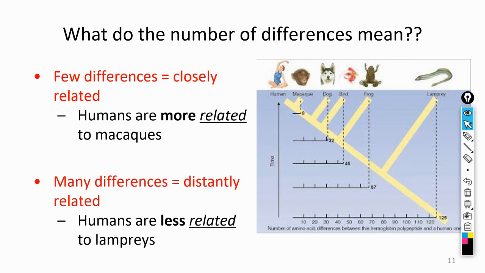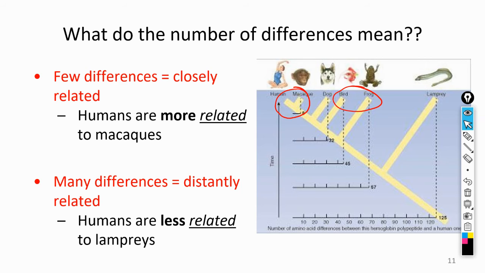So if you look at this, I'm going to show you a few of these diagrams known as cladograms or phylogenetic trees. If we look, these two individuals right here are more closely related than a human and a dog, per se. Or if we look at the bird and the frog, because they're close on this diagram, the bird and the frog are more closely related than the dog and the frog, for example.